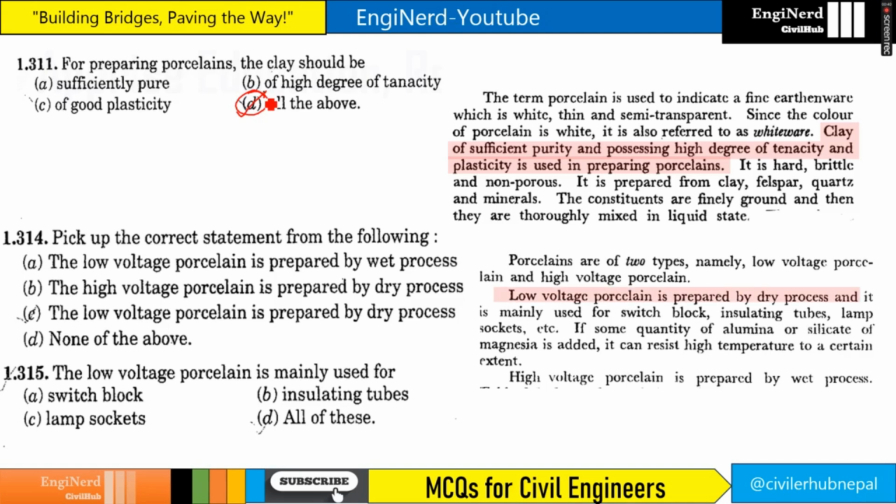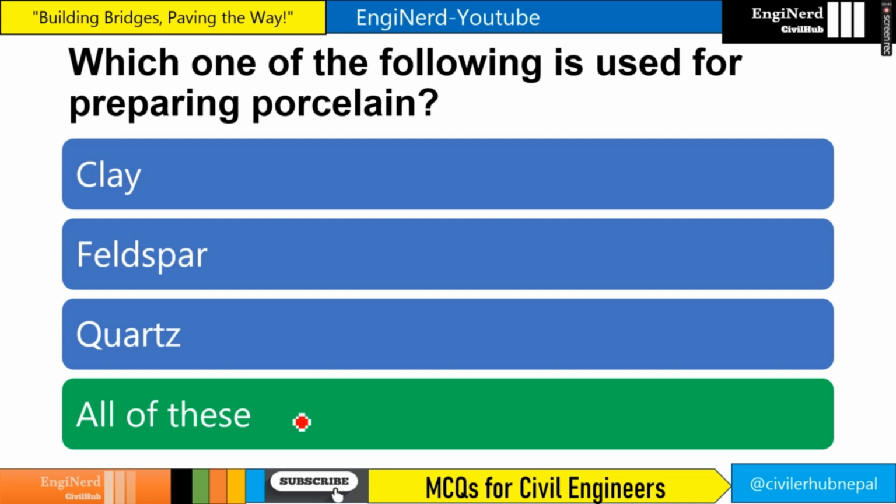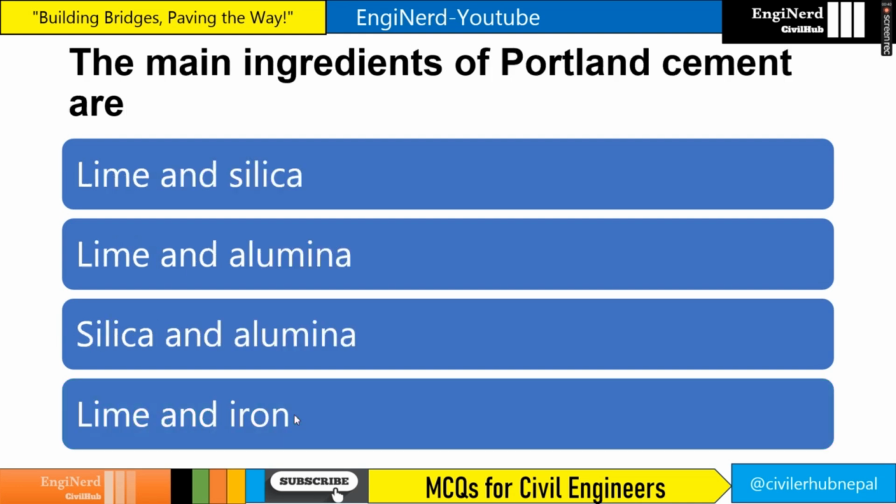Low voltage and high voltage porcelain. Low voltage porcelain is prepared by dry process. So the correct is low voltage dry process. Next, the low voltage porcelain is mainly used for switch block, insulating tubes, lamp sockets, right? So our answer will be all of these.